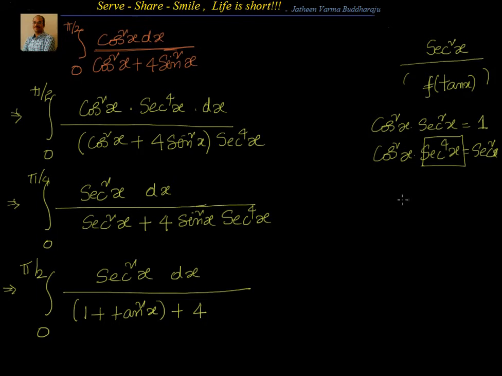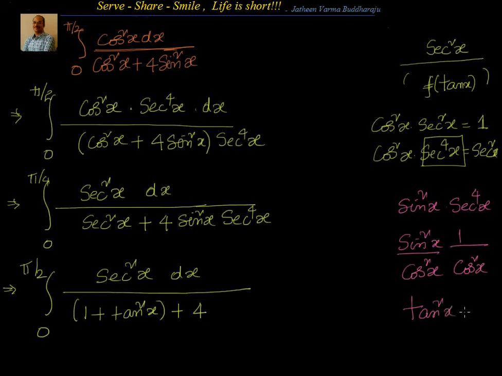Now what is that? Let's have a look. Sin square x into secant to the power of 4x. We want to convert this into a function of tan x. So can I write it as sin square x into 1 by cos to the power of 4x, and separate it as cos square x and cos square x, so that it becomes tan square x and secant square x?